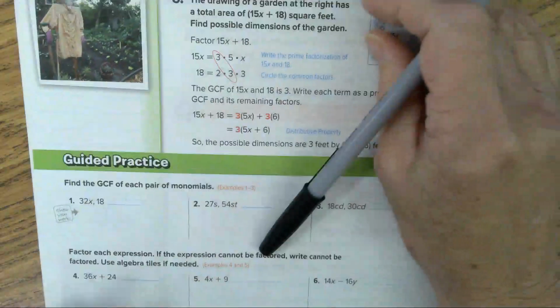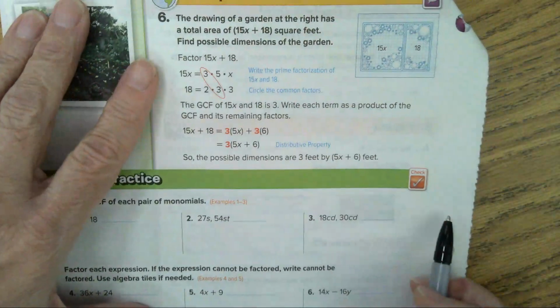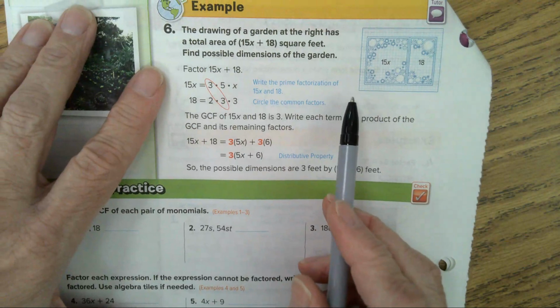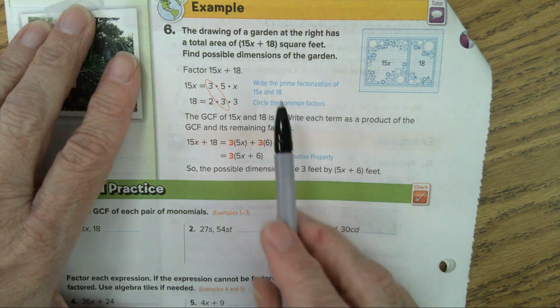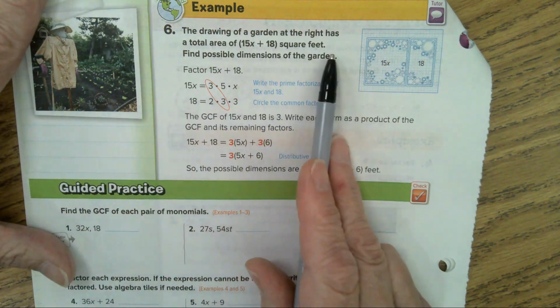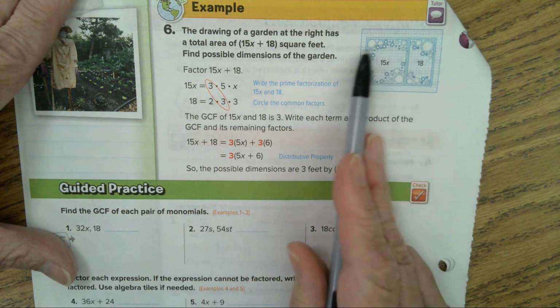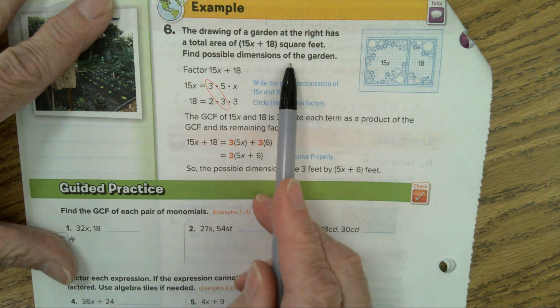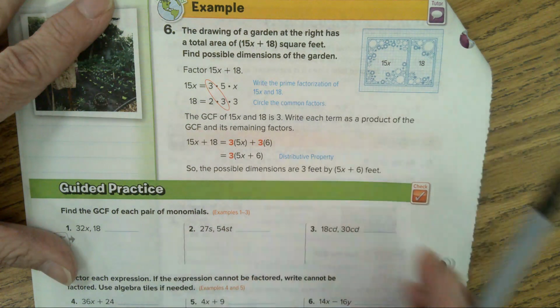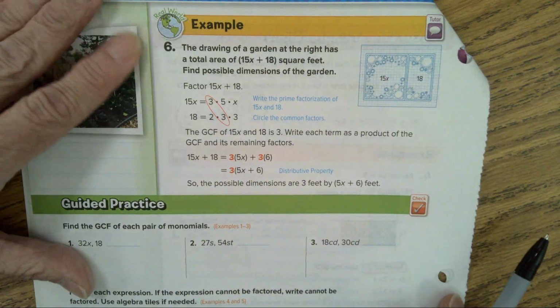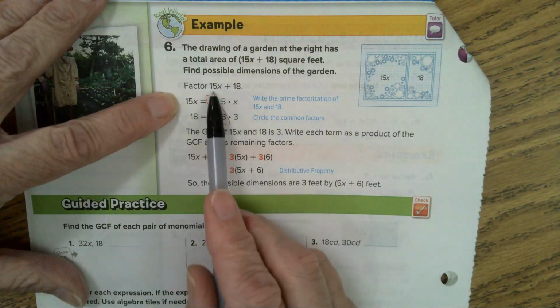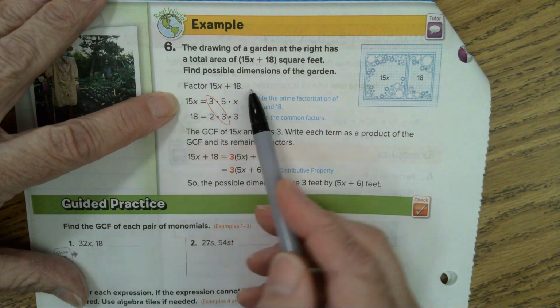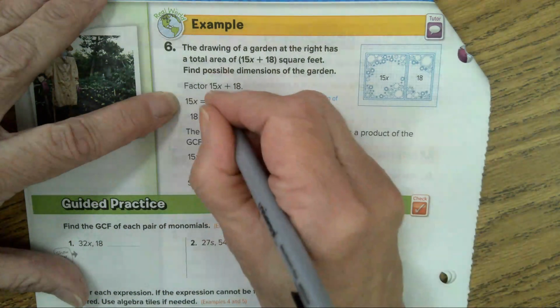We're going to go to the word problems. The drawing of a garden at the right has a total area of 15x plus 18 square feet. So that's a 15x and that's an 18. Find possible dimensions of the garden. Okay, so what are some possible dimensions? You factor 15x plus 18. What will divide a 15 and an 18?